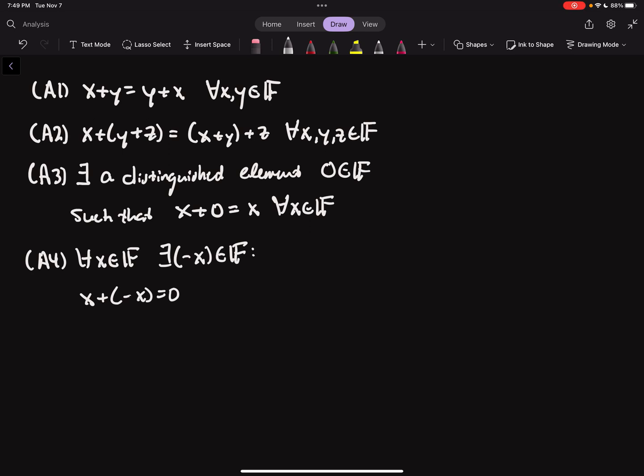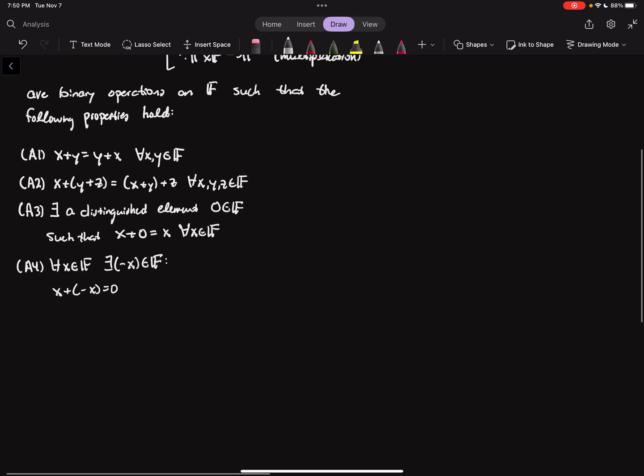And I won't harp on it too much, but clearly the additive identity is unique, and clearly the additive inverse of each element is unique. Moreover, by reading A4 with the roles of x and minus x swapped mentally, we see that x is the additive inverse of negative x as well. Okay, so these four are axioms for addition, of course.